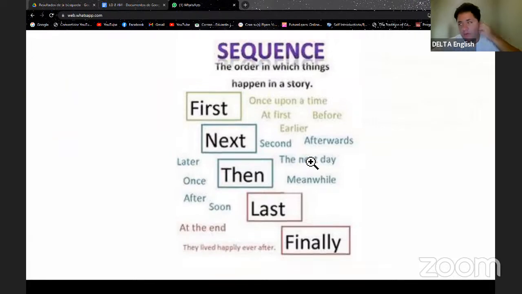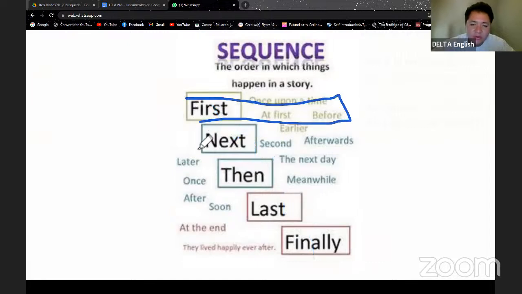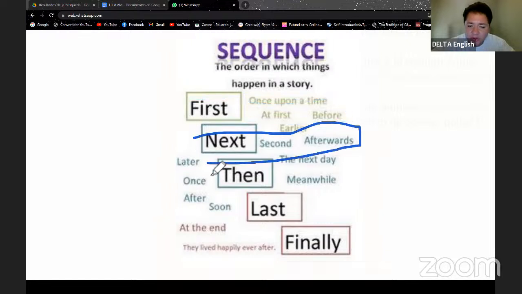So you see that we have these charts like this: first, next, then, last, finally, and each of them has its own expressions, right? Okay, so we use first. You can use first to start a story.